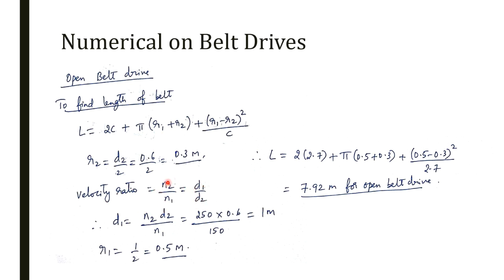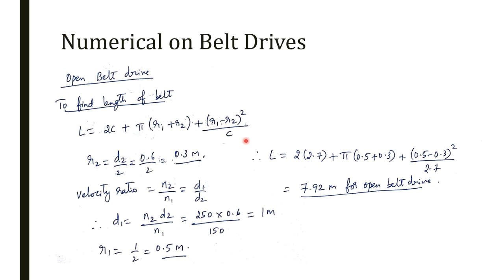You know N2, N1 and D2. So D1 is equal to N2 into D2 by N1, which is 250 into 0.6 by 150, which gives you 1 meter. R1 is equal to D1 by 2, that is 1 by 2 is equal to 0.5 meter.